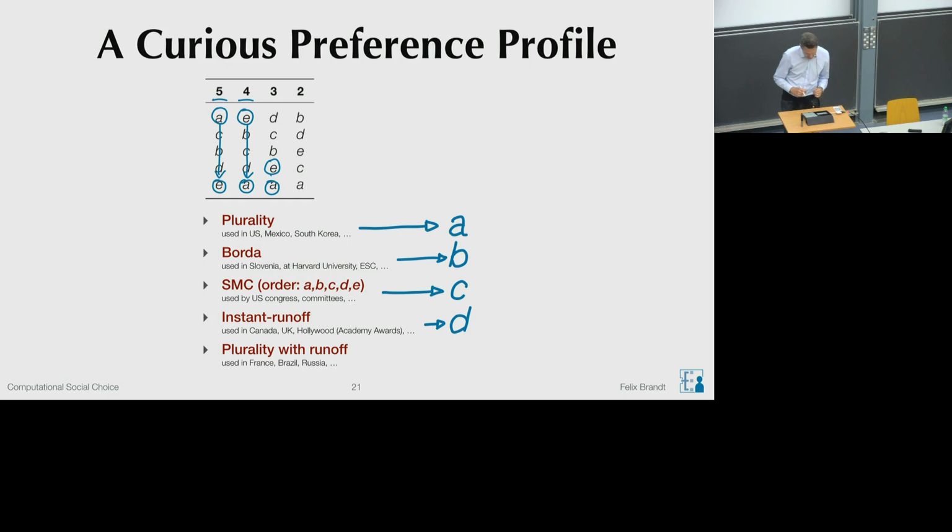Because in this preference profile, alternative E will win if we are using plurality with runoff. And the puzzling thing is that all 5 of these rules are being used in the real world, right? So that means depending on where those 14 voters are going to make a collective decision, the outcome will be completely different.